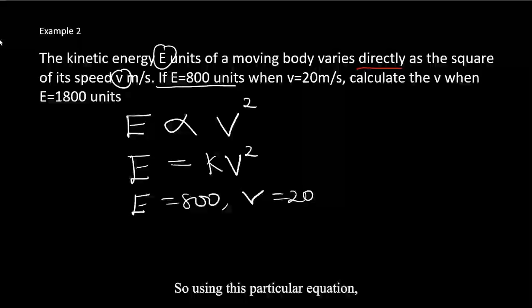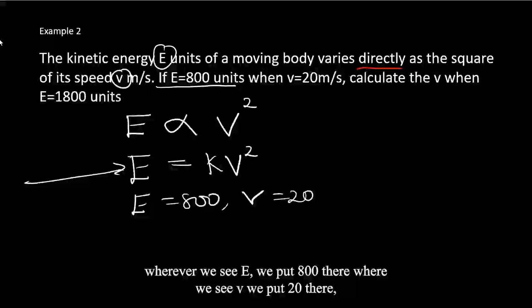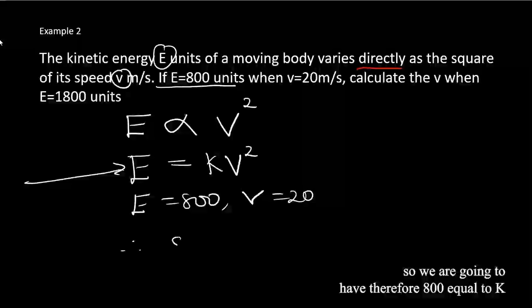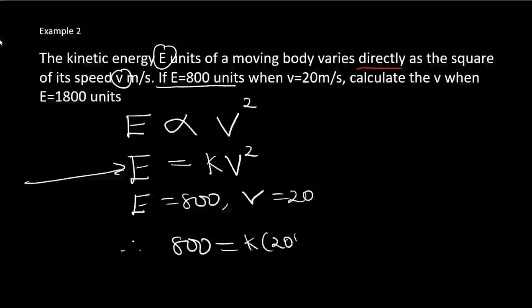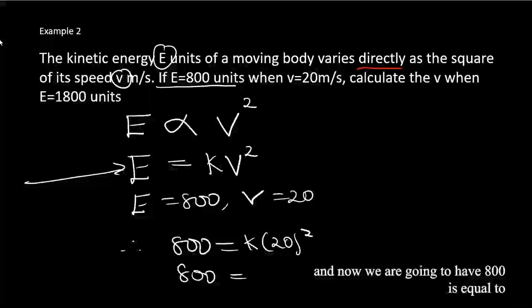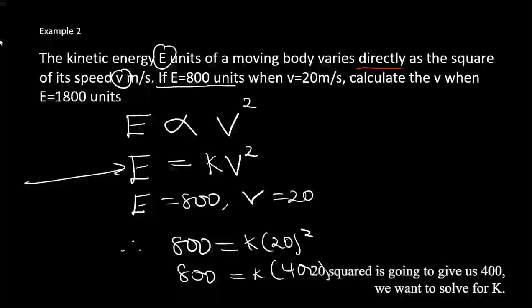Using this equation, wherever we see E, we put 800, and where we see V, we put 20. So 800 will be equal to K times 20 squared. Now we have 800 equal to K multiplying 400, because 20 squared gives us 400.